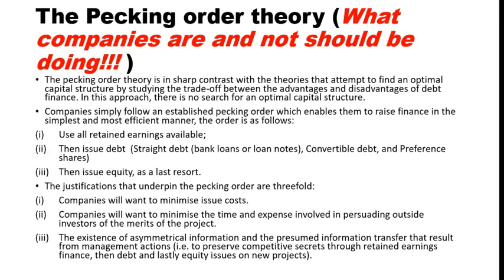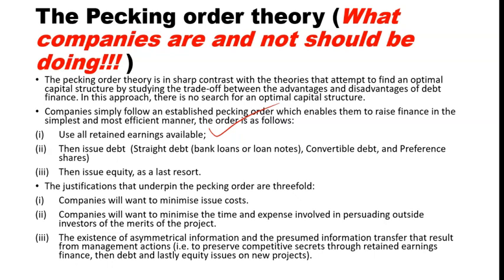The order is usually as follows. As we discussed in one of the videos previously, it is most encouraged, or most safe, to fund whatever project with our own internally generated funds, the retained earnings.